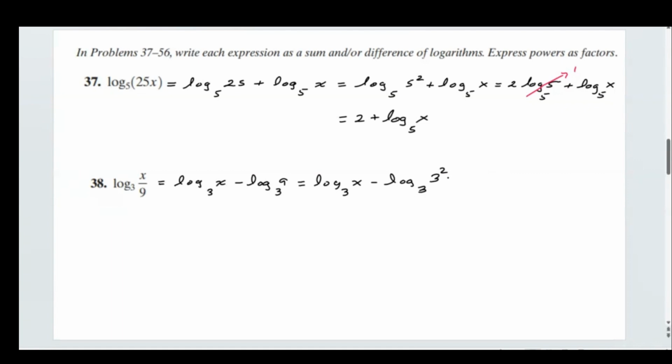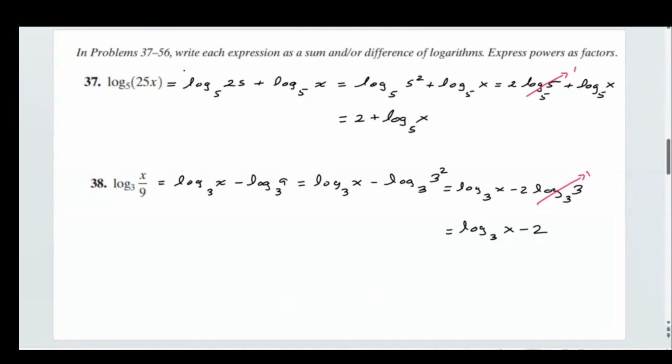We will be rewriting now this power as a factor. So we say this is the log in base 3 of x minus 2 log in base 3 of 3. Of course, here this is 1. So we get that this is log in base 3 of x minus 2. And here we got the result.